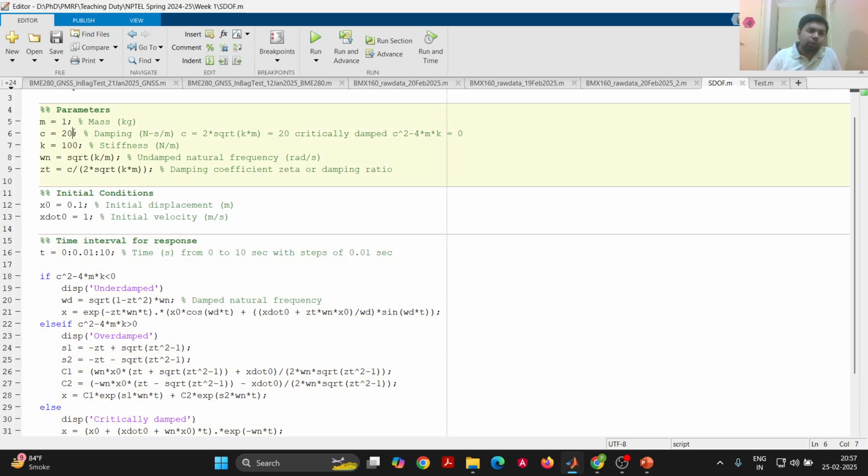So let us first simulate the case where the damping value is less than 20, which is the critical damping value. I have changed the value of c now to 5, mass is 1 and k is 100.